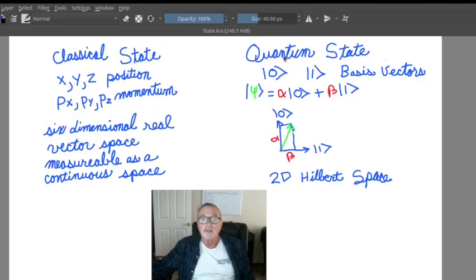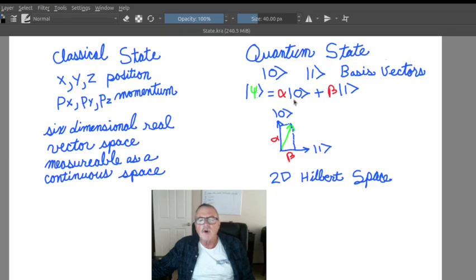Quantum. This quantum state, just to make it as simple as possible, lives in a two-dimensional Hilbert space. And the state in green is made of the two basis dimensions.